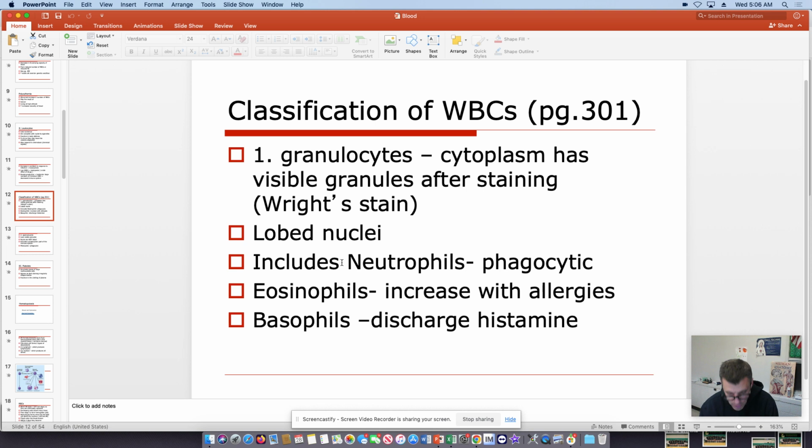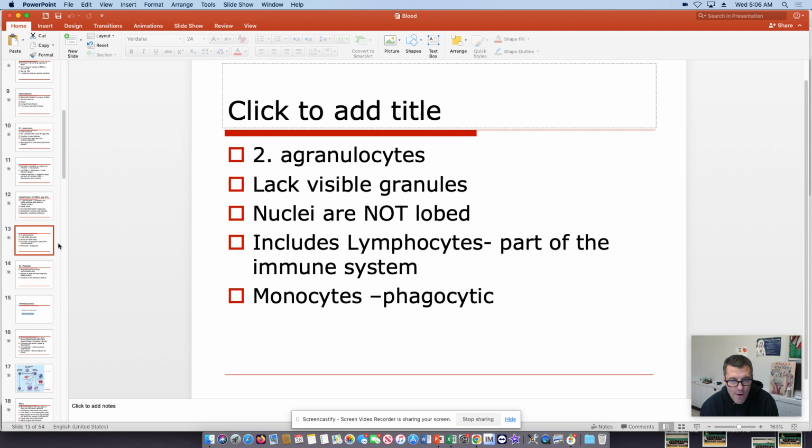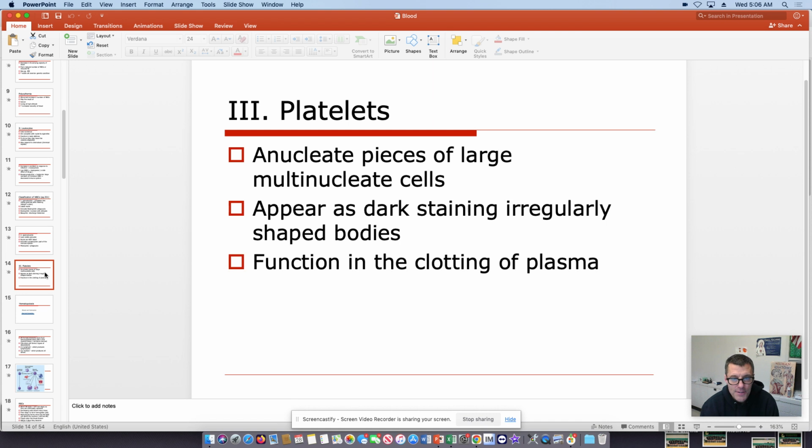I think if you look on that picture, you'll recognize that. Agranulocytes are called that because you don't see any granules in the cytoplasm, and the nuclei are not lobed: lymphocytes and monocytes. Platelets are small, irregular pieces that are involved in clotting.